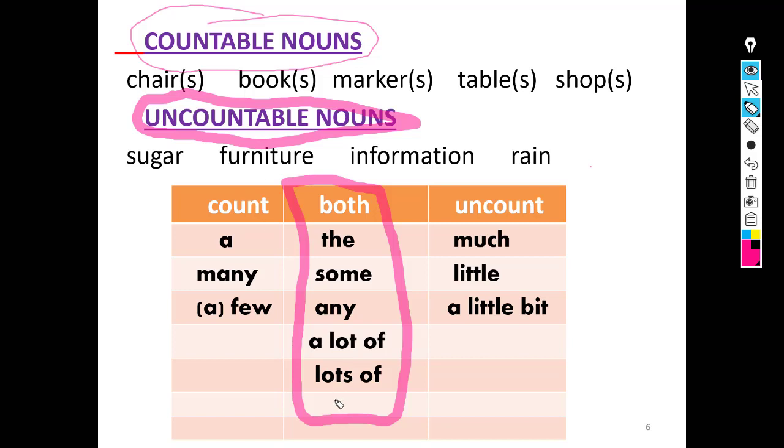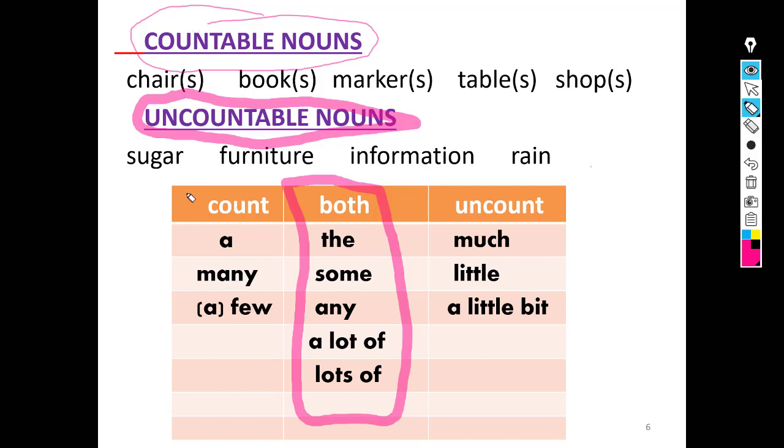I can say I have got lots of chairs, or I can say I have got lots of sugar. So if you are confused, you can use these words for countable and uncountable nouns, both.